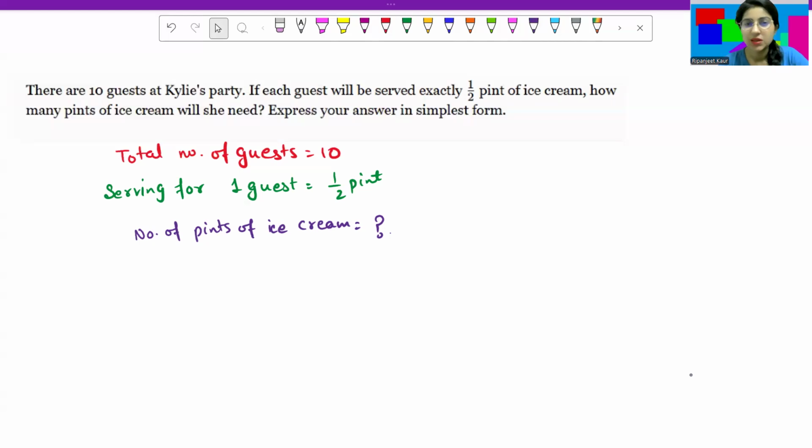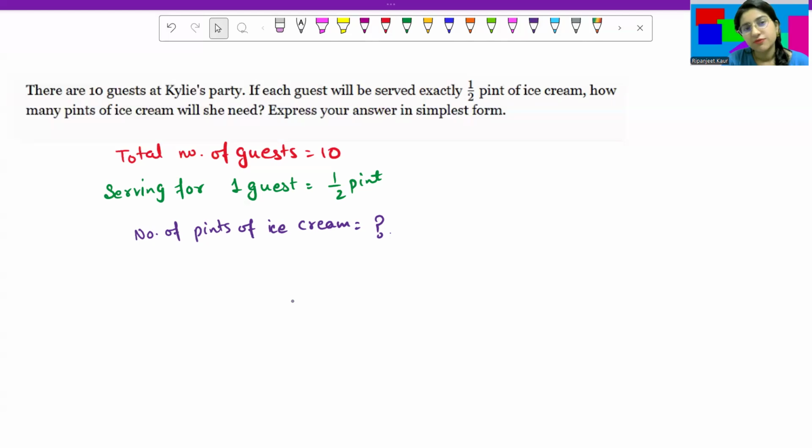So for example, we have the total number of guests, there are number of pints of ice cream that we don't know about, and there is a serving of one guest that is told to us.